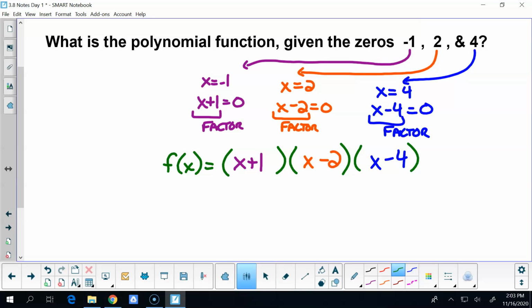So now what we have to do to find the polynomial is that multiplication. We're actually going way back to the beginning, when we were just multiplying out these different polynomials. I'm going to leave the x plus 1 here.